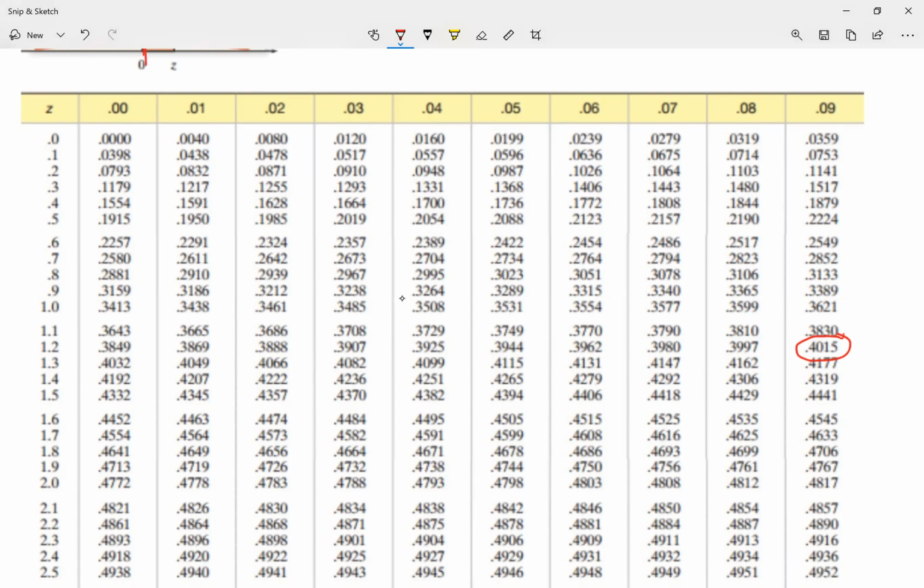Okay, so here to the left, I see a 1.2. Here to the top, I see 0.09. So that means my Z-score is 1.29. Okay, so let's go back here.